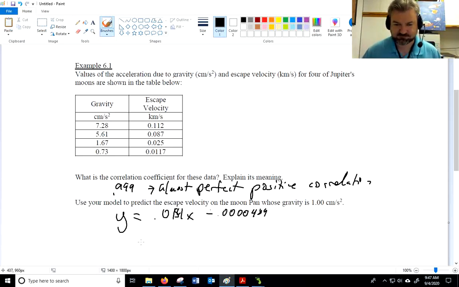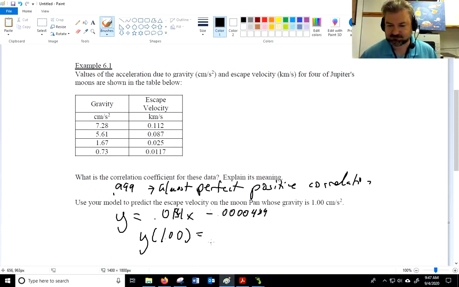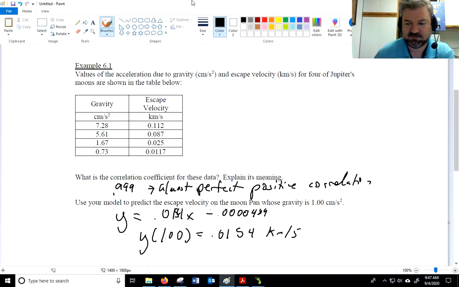Okay, so then we calculated y of 1.00, and the value that we arrived at was 0.0154 kilometers per second, which is the escape velocity necessary to escape the moon of Pan.